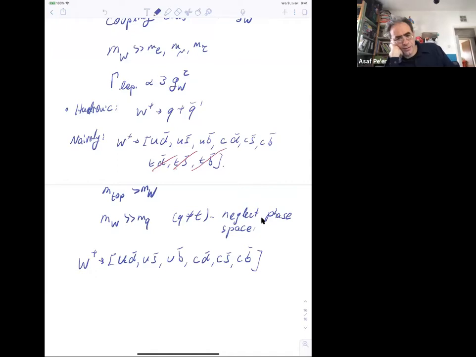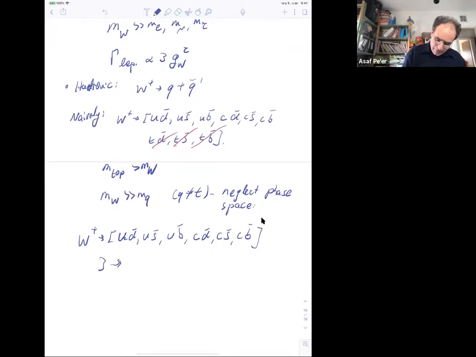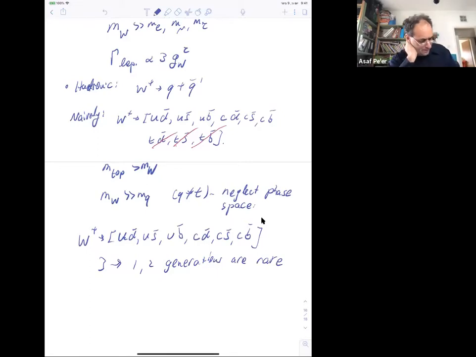But now we can look at the CKM matrix, and that will tell us that transitions between the 3rd and the 1st and 2nd generations are extremely rare, very rare.